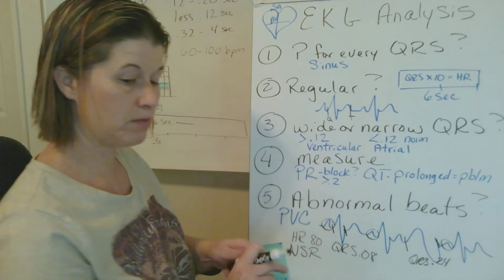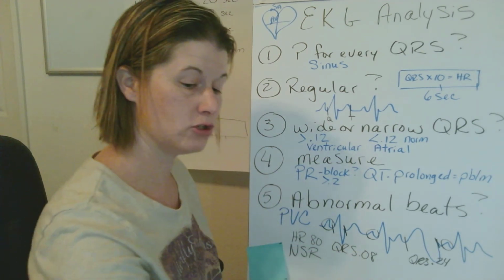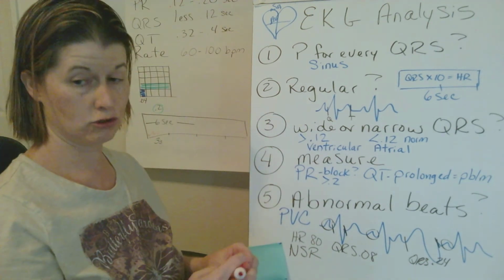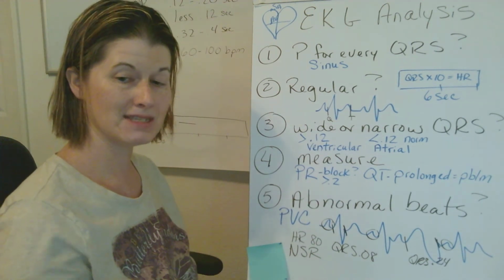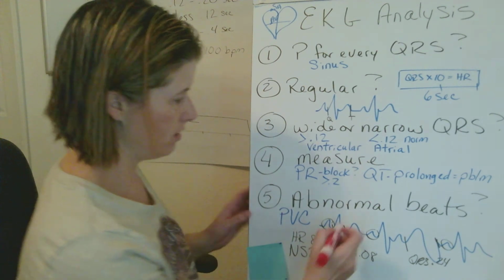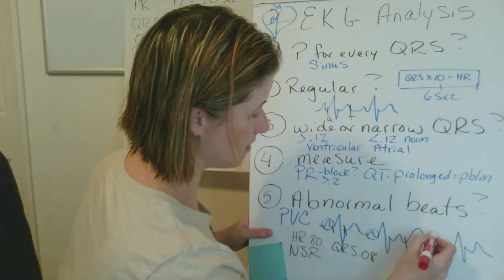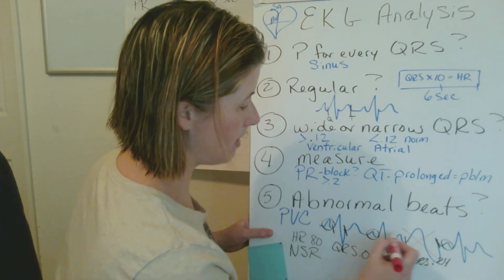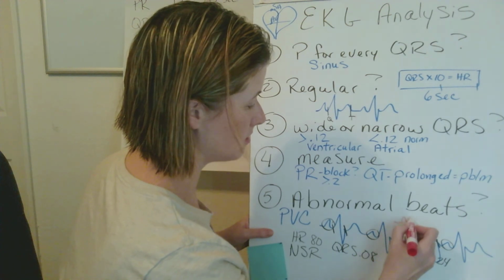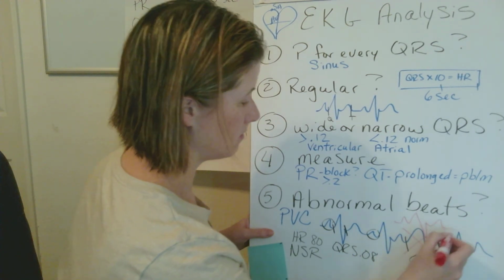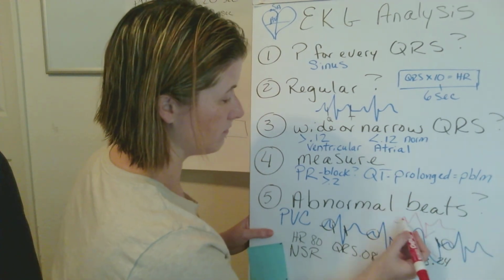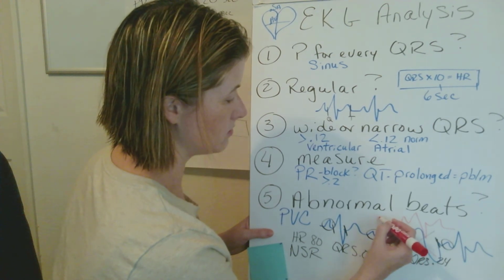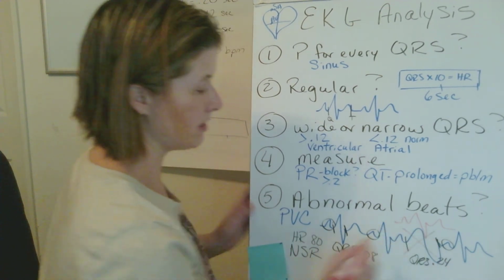The other type of beat that I could have is a premature atrial contraction. The difference is it's atrial, so it should be narrow. So instead of this, I would have one that looks just like this, only it would come in early. Maybe my P starts here, near my T wave.